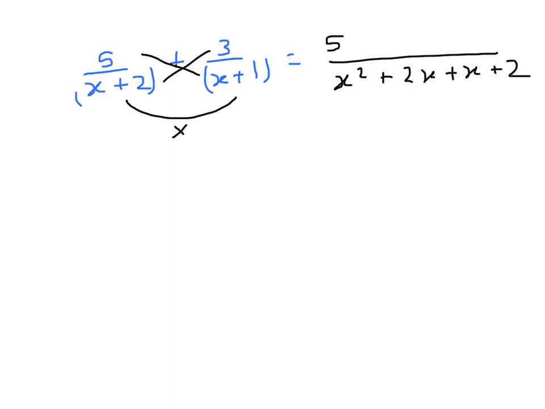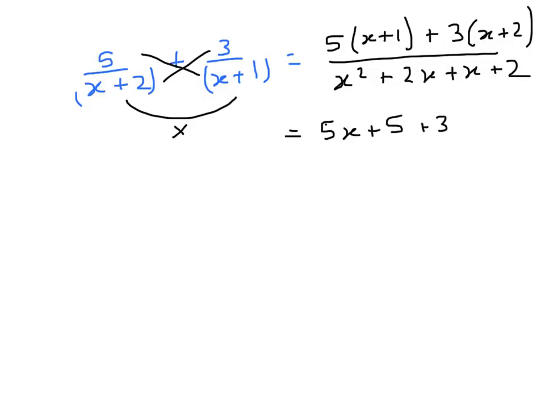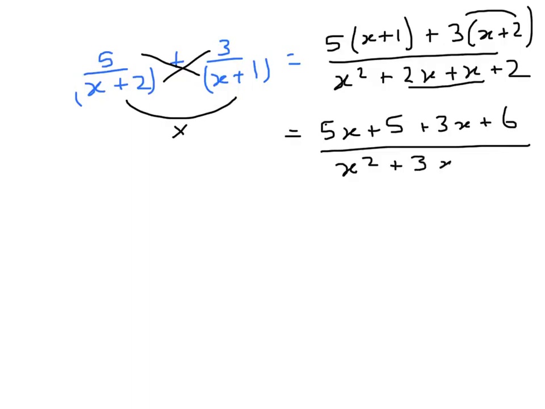So I have 5 times x plus 1 plus 3 times x plus 2 on the top, and I can expand that out as 5x plus 5 plus 3x plus 6 on the top, and x squared plus 2x and 1x is 3x plus 2.